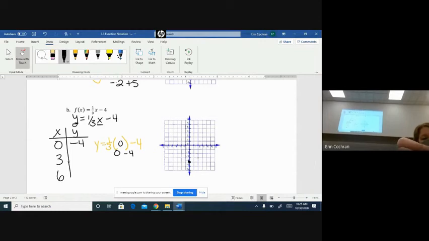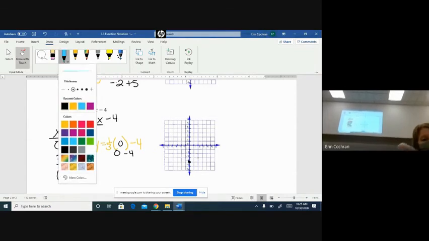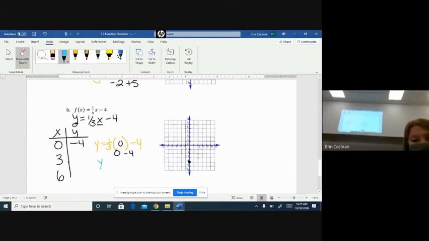And then let's plug in now 3. So y equals 1/3 times, what's my new x? 3. What's 1/3 of 3? 1. 1 minus 4, -3. Good. So can I go right 3, down 3? Yes.